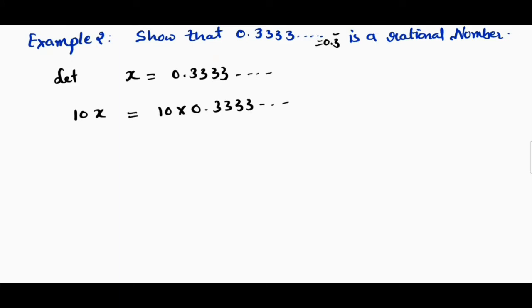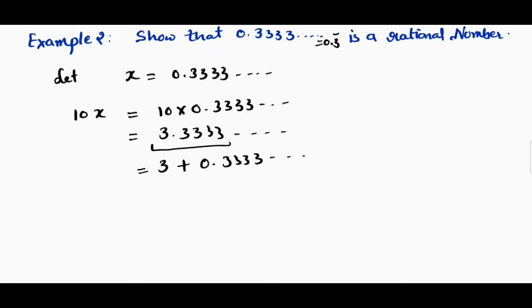If I multiply this number, I will get 3.333 and this 3 will go on, and we know that this is equal to x. So here we can write this as 3 plus, I'm splitting this number in two parts, 3 plus 0.333 and so on, and this is equal to my x.